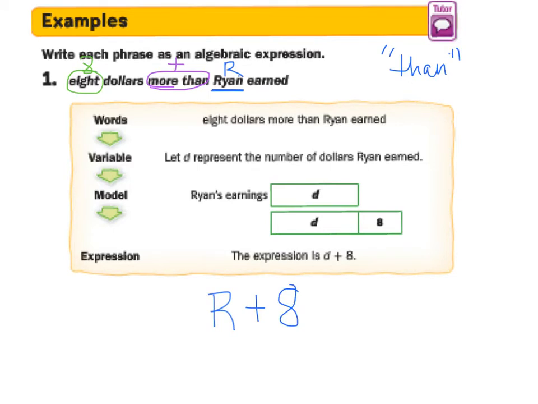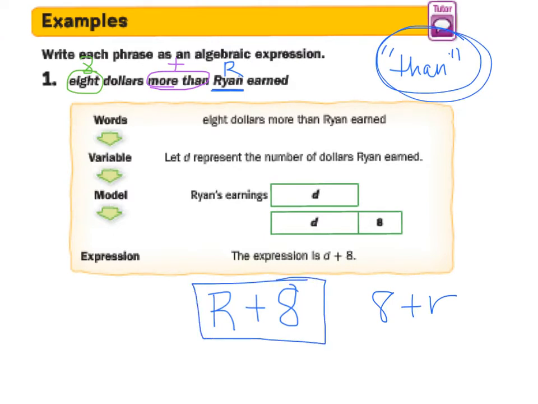Normally we read from left to right and we can say 8 plus R, which actually works in this case because addition is commutative. It can go either way. 1 plus 8 is the same as 8 plus 1. But because we had that word than inside of there, this one is the best answer.